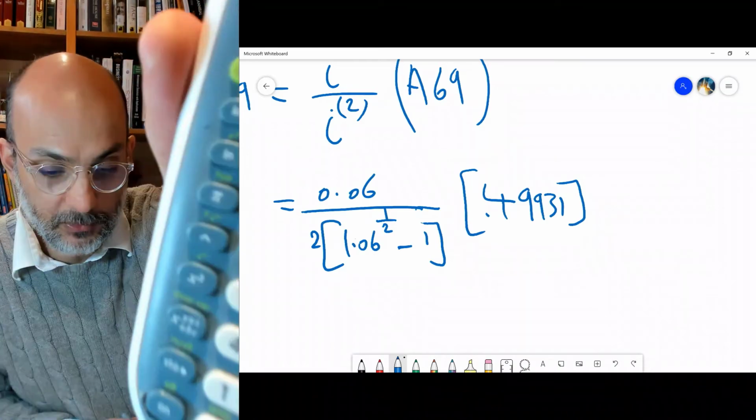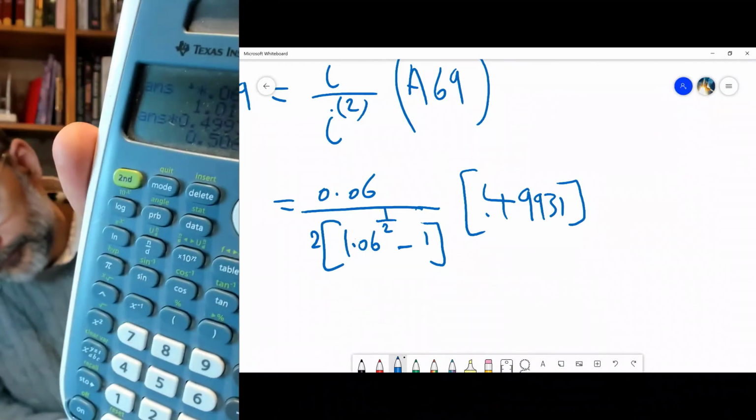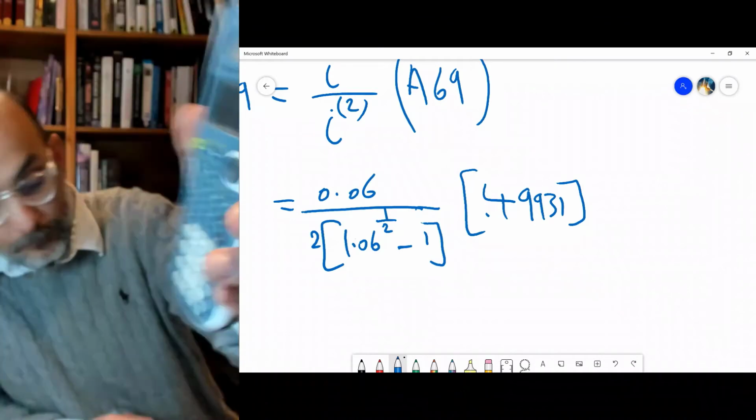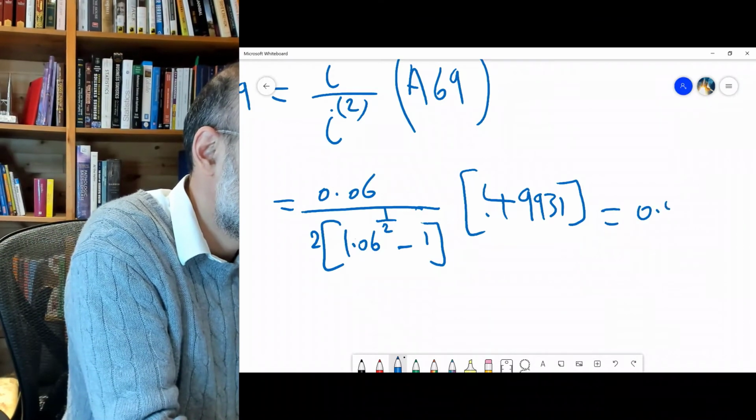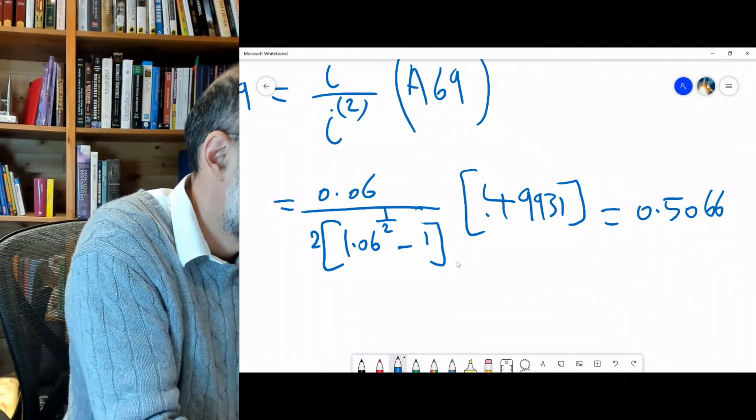I got this number. So this one will be 0.506689.